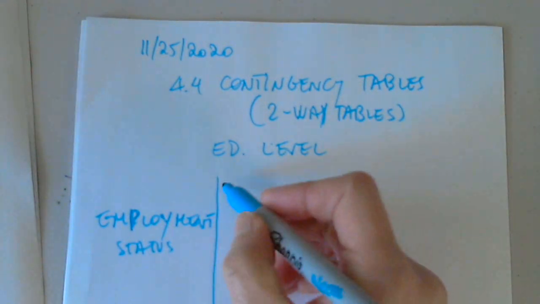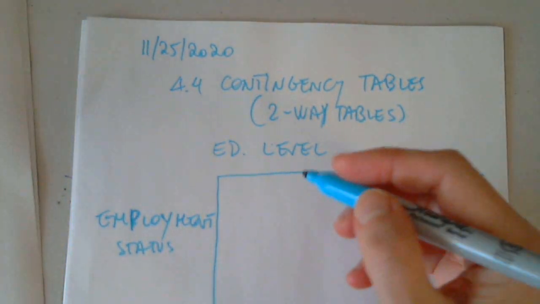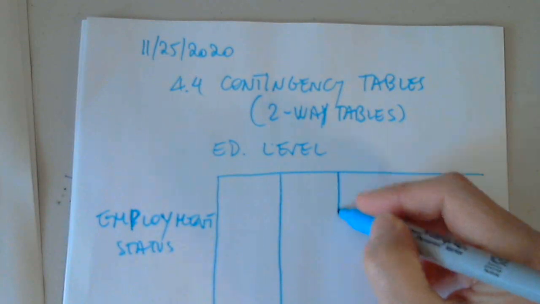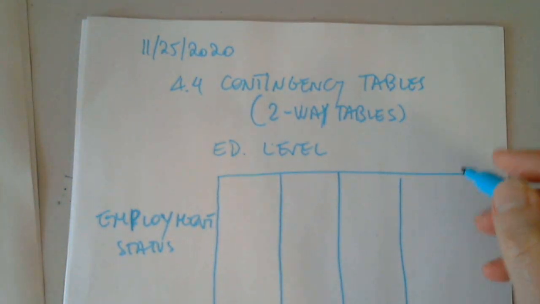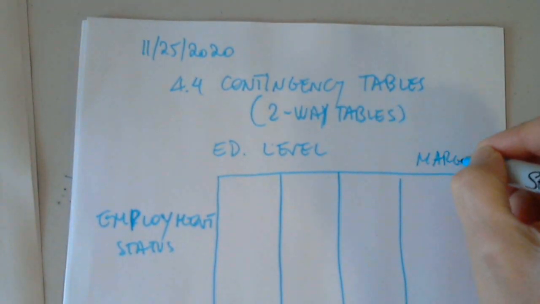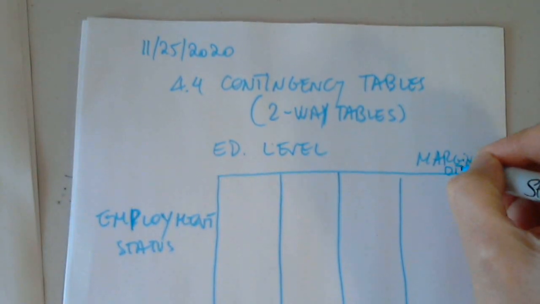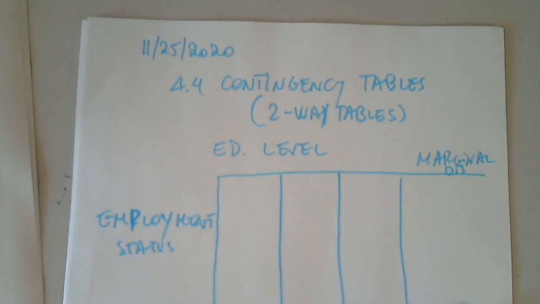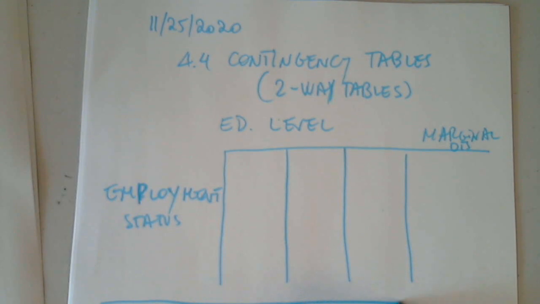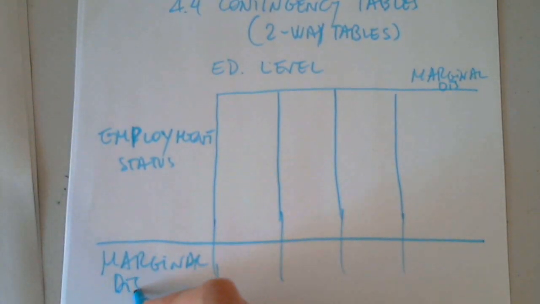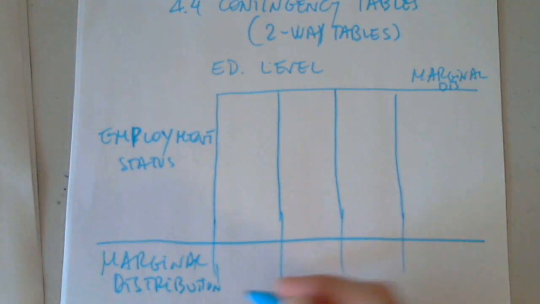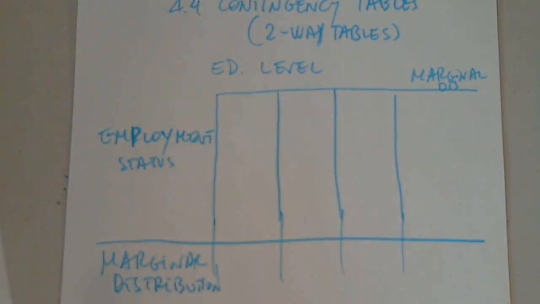So we have 1, 2, 3, and this will be the marginal distribution by row. Right here, this will be the marginal distribution by column. Okay, so I'm copying the data quickly.